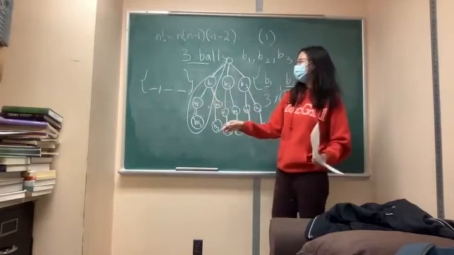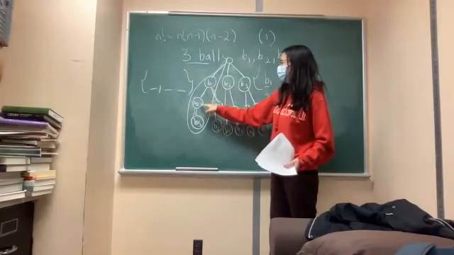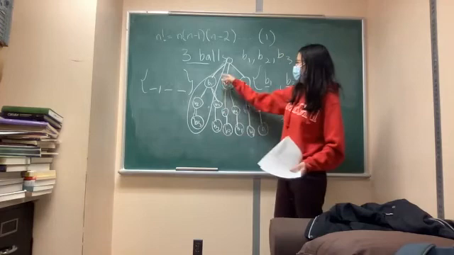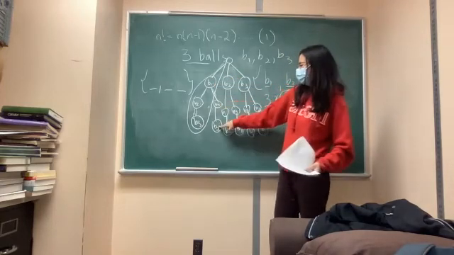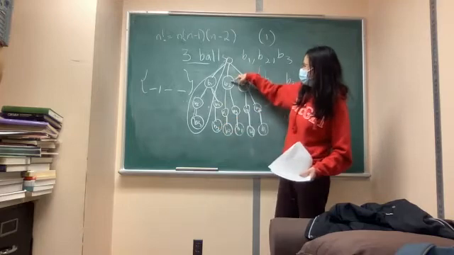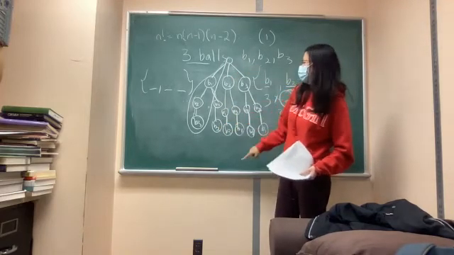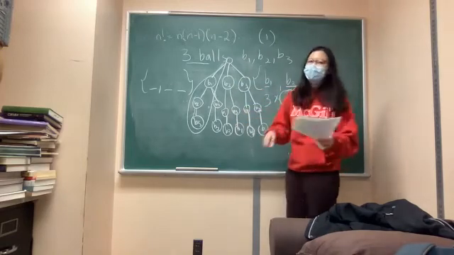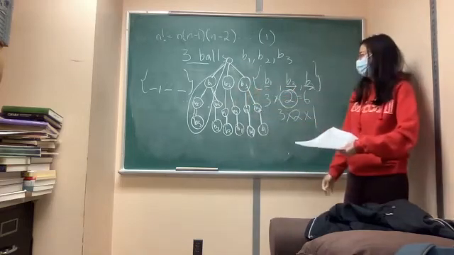So how you would say it in set notation is this row is you pick B1 first, you pick B2 second, you pick B3 third. This is you pick B1 first, you pick B3 second, and you pick B2 third. This is you pick B2 first, B1 second, B3 third. B2 first, B3 second, B1 third. And basically through this way, you iterate through every single possible combination.